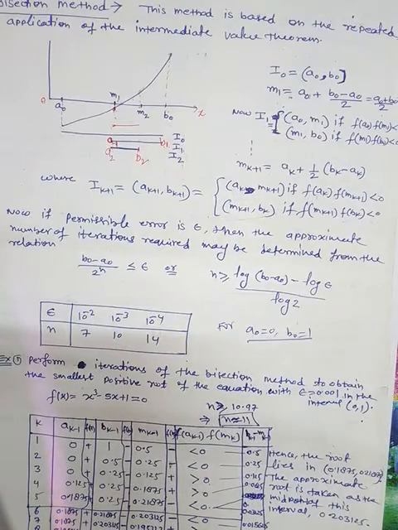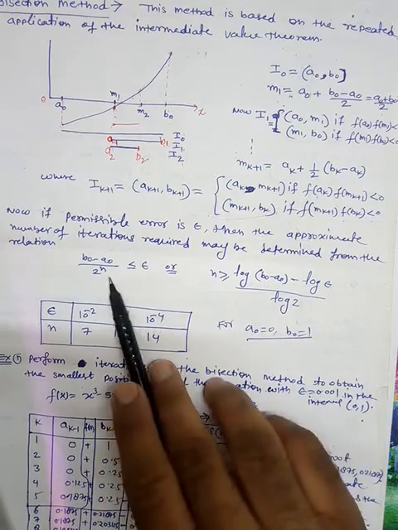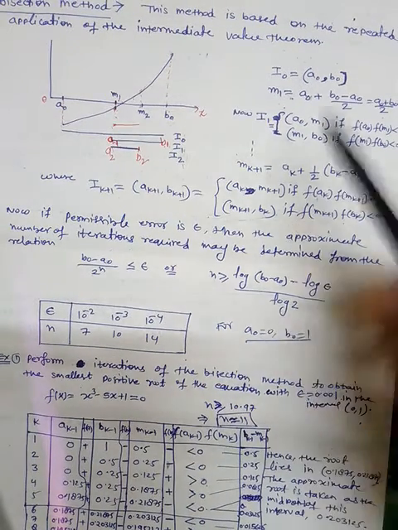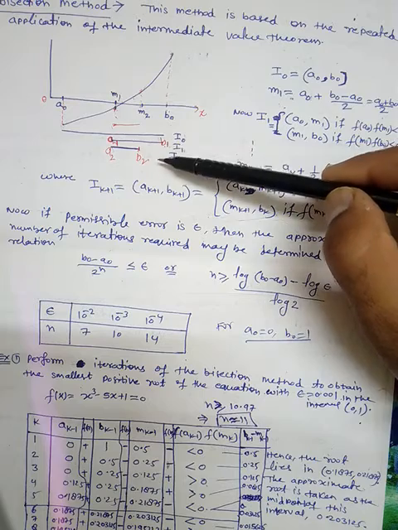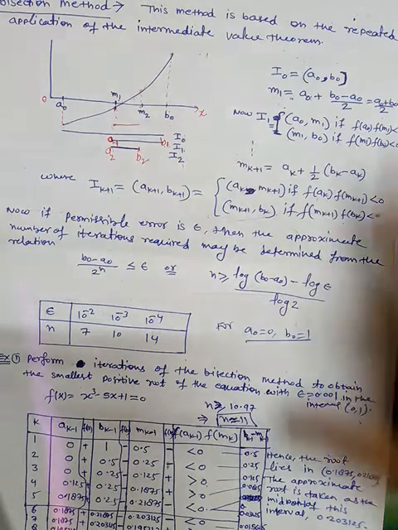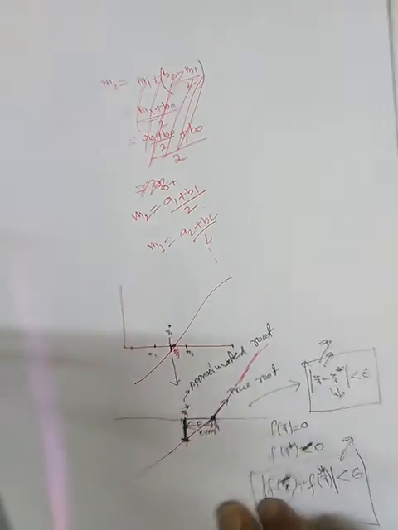Okay, as far as our method is concerned, you will see that we are continuously bisecting our intervals. After n number of iterations, initially what is the interval?